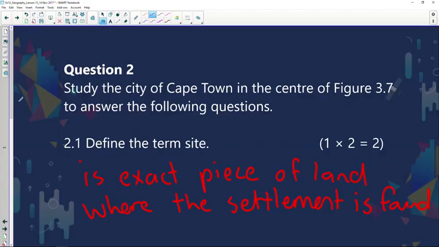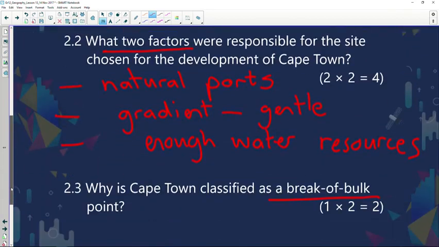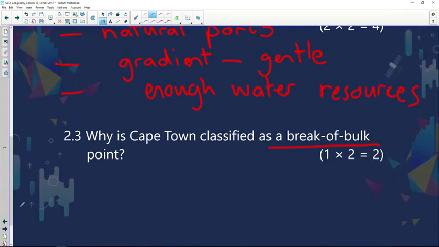Let's quickly have a look at our question again. Because it changes, the correct answer for that is a harbour where the mode of transport changes.